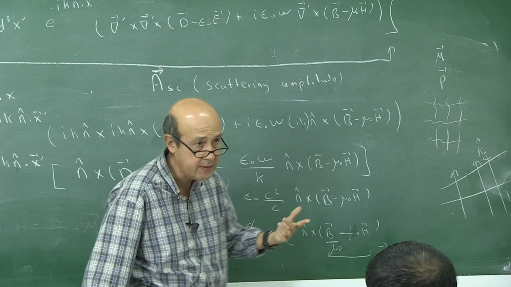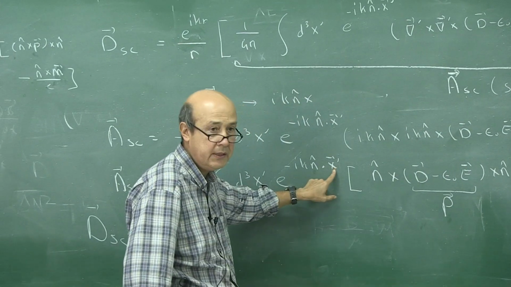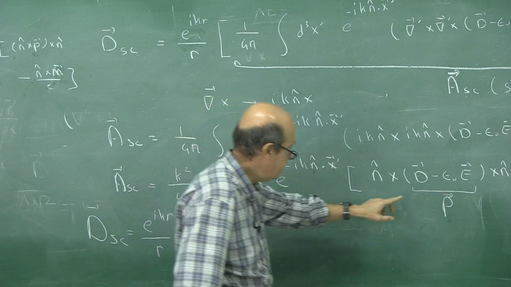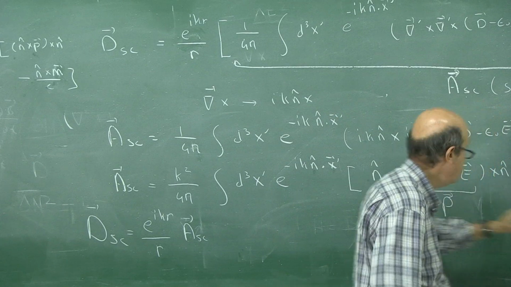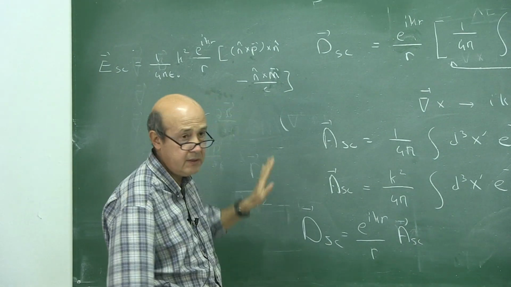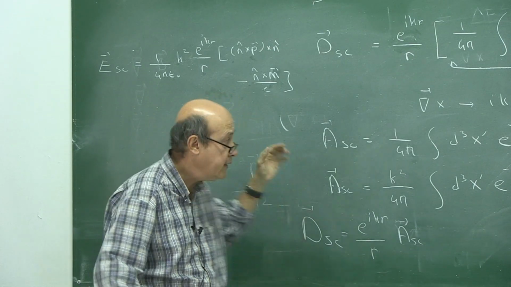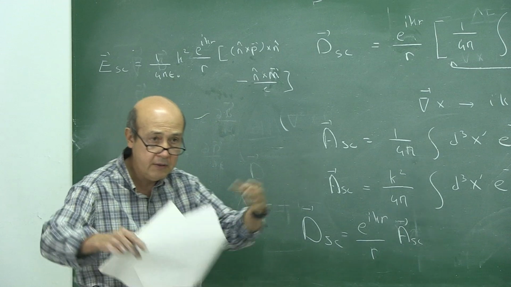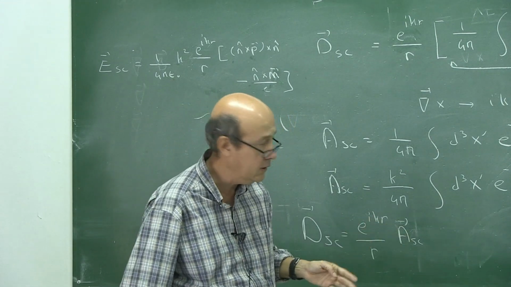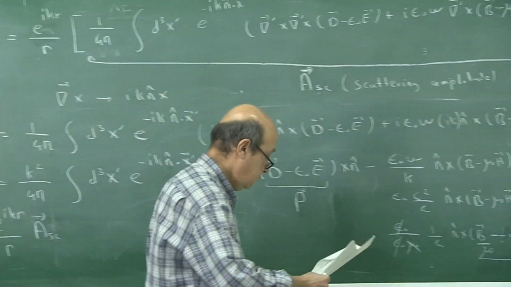If you integrate this, the integral of the delta function is easy. You will put 0 here if you put the source at the origin. So that will be 0, and this will be electric dipole and magnetic dipole, and you will get exactly the same form. But here, what is missing? The interference and diffraction. For a single source, there is none. But if you have a distribution of several sources, the interference and diffraction effects are important, and this handles that.